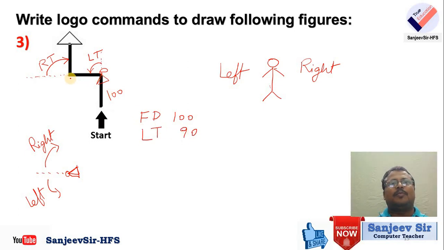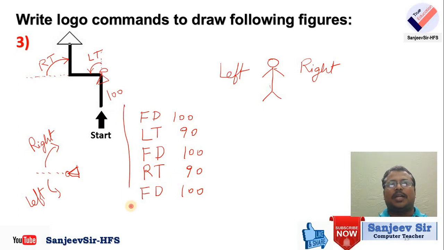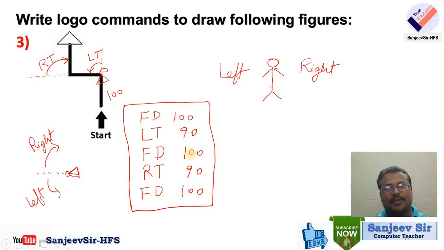After that the turtle will move these steps, that means FD 100 again. Then the turtle will also turn right, so RT 90. Then the turtle will go forward in the upper direction, that means again FD 100. So these are the commands we need to write to draw the third figure. I hope it's clear to you all.